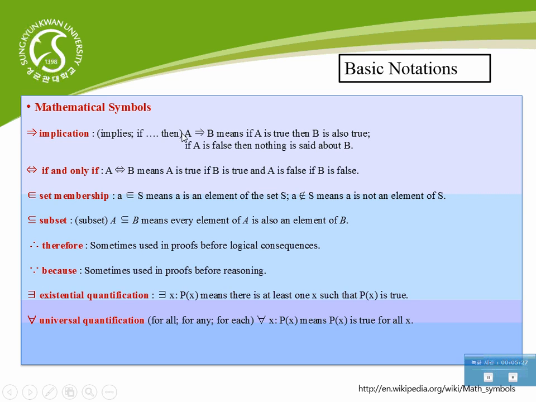This is the implication: if A is true, then B is true. And this is the double-direction arrow, which means A implies B and B implies A, which means they are equivalent. It is the if-and-only-if statement: if A is true, then B is true, and if B is true, then A is true. This is what this means.